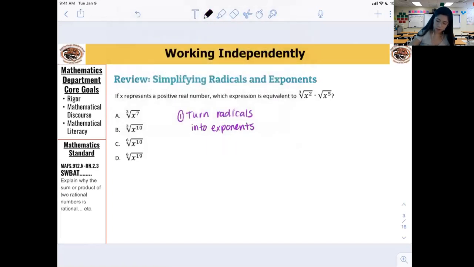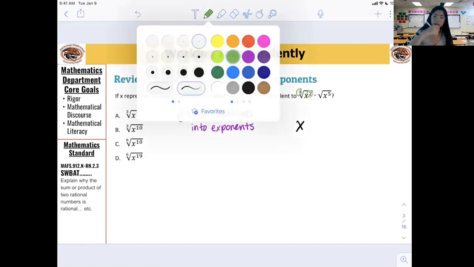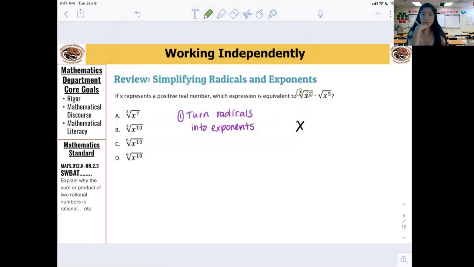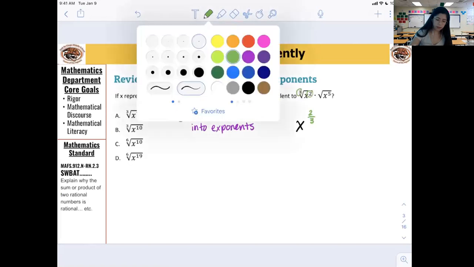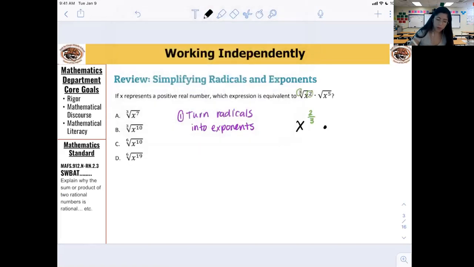So the cube root of x to the power of 2. What is my exponent in this one? Which number goes in the numerator? Which number goes in the denominator? 2/3. What about the square root of x to the power of 5?